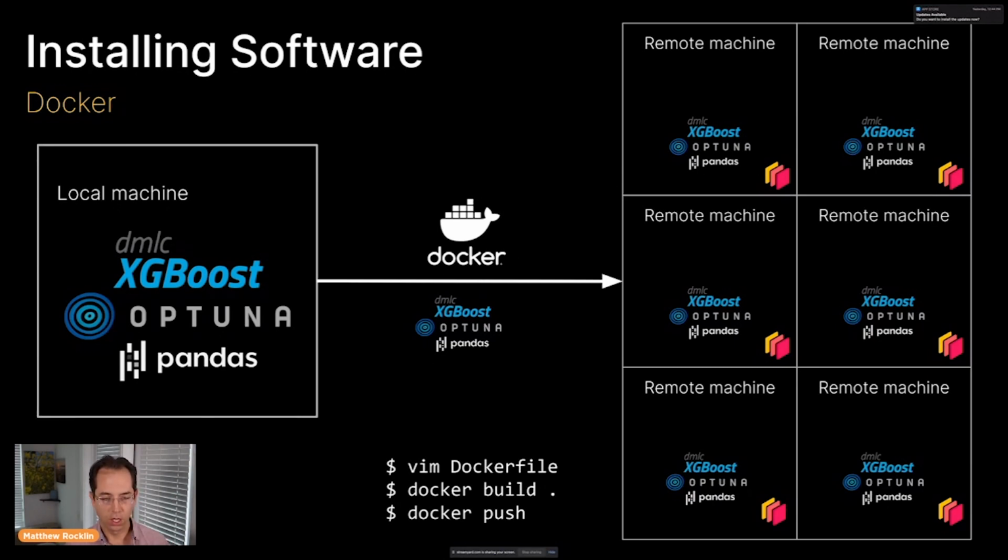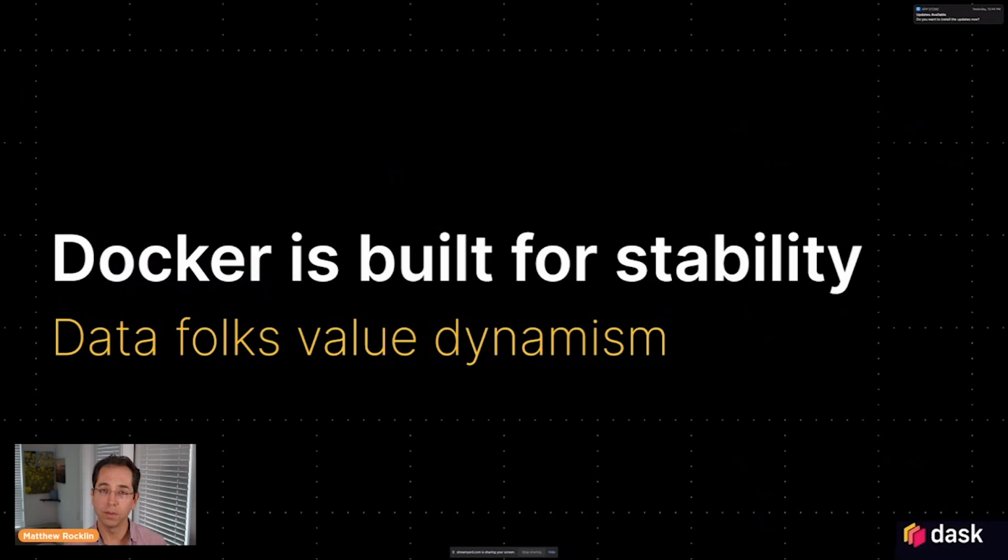I mentioned that in my development cycle, I added a print statement into my code to see if something was wrong, and I ran the experiment again. If I have to do that every time I make a change, this gets challenging. Docker is a really good tool for stability across time and across machines, but it's actually a pretty bad tool for dynamism. It's not very good for interactive workflows.